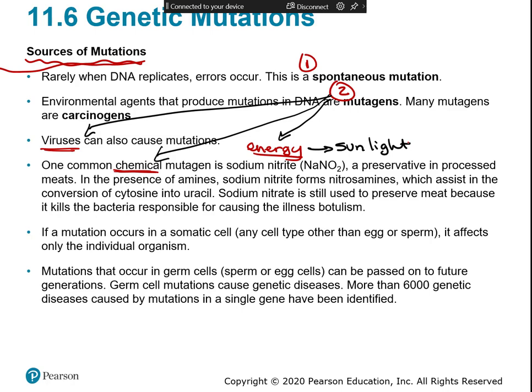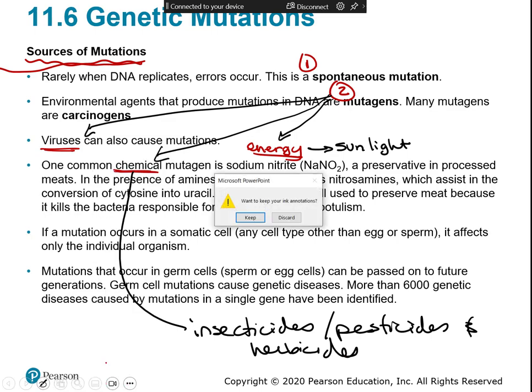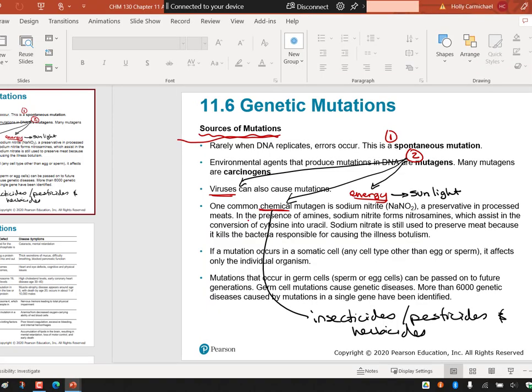So you want to try and limit energy exposure, and insecticide, any of the side type of chemicals, and then viruses can cause that damage as well. Oh, well, we're done. Those were the big things that I wanted to talk about.